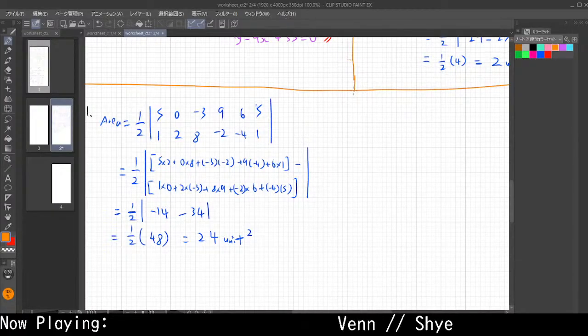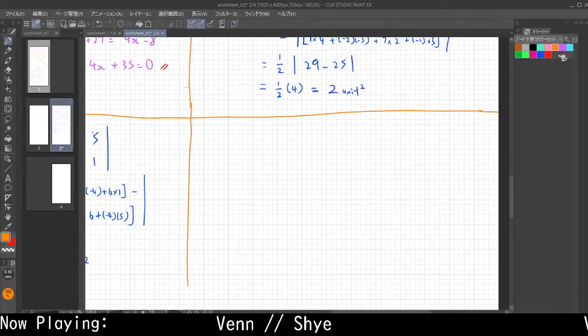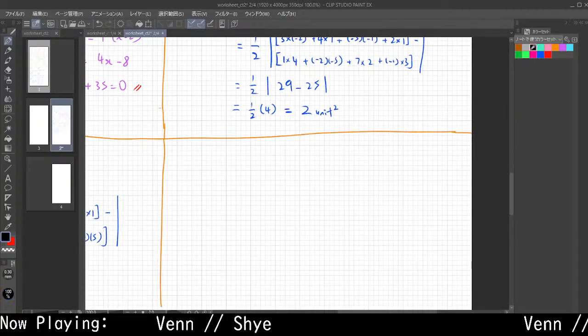There is no such thing as a negative area or length or whatever.